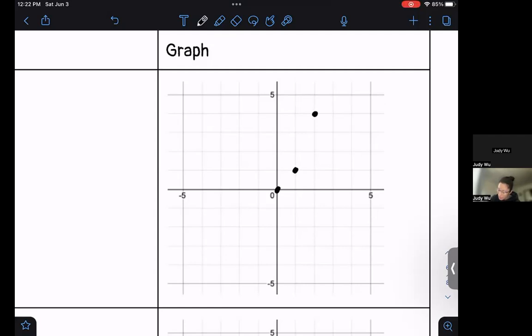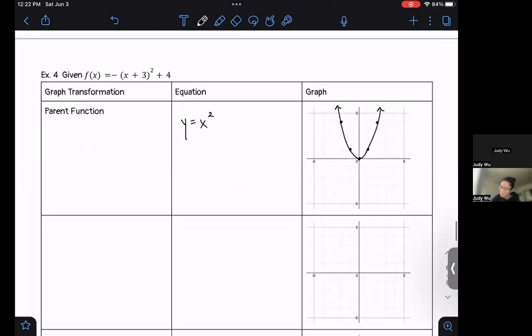But I also know that (-1) squared is 1, and (-2) squared is 4. And I want to connect these with a smooth U shape so I can see that I've got a parabola. When you work on that quiz that you're going to turn in at the end of week 1, it would be really important that you plot those exact points, okay?